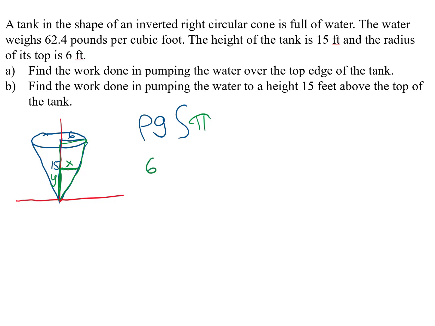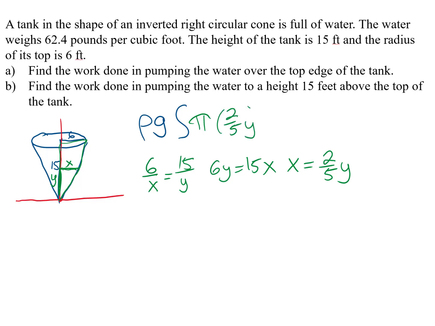So 6 will be to x as the whole thing, 15, would be to the side in the littler triangle there, y. So 6y equals 15x. So x is going to be 6 over 15, which is 2/5 y. So that's our radius.